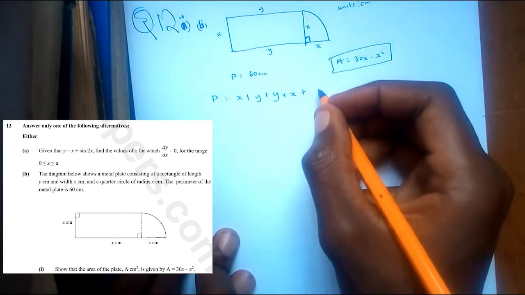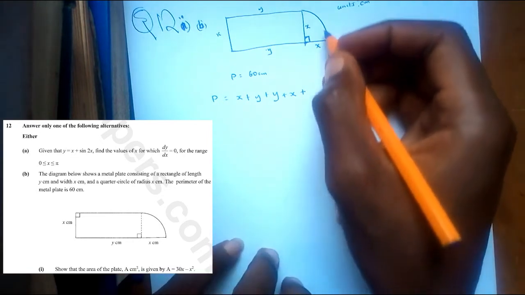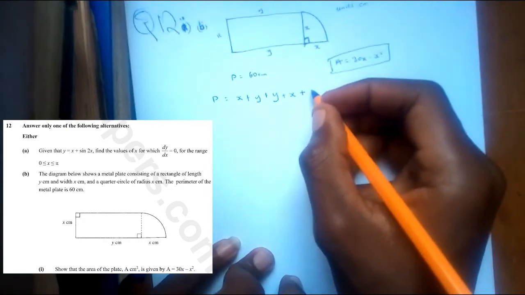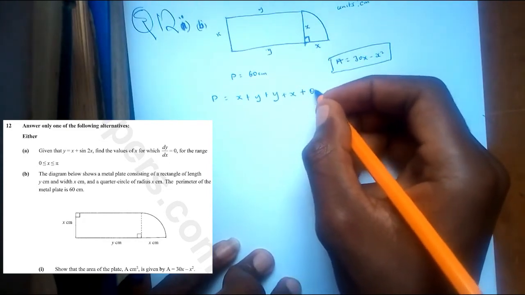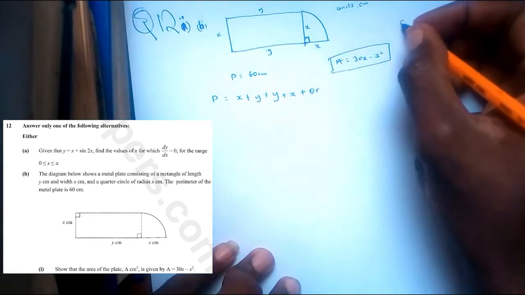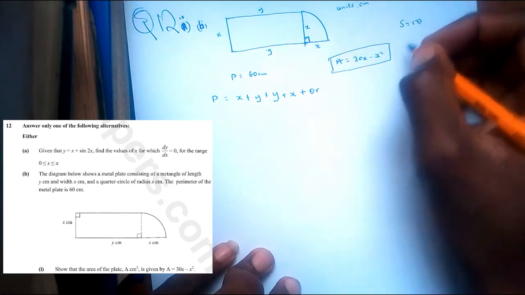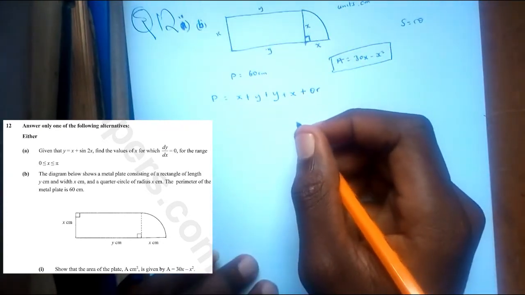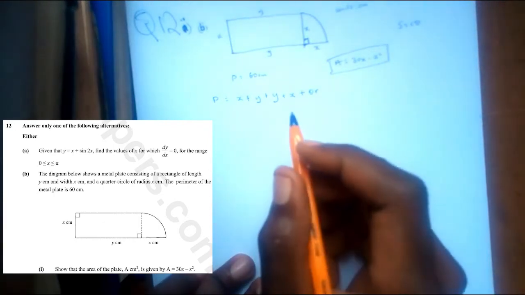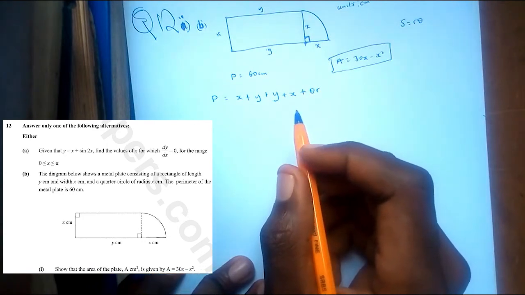And we know the length of a sector, the distance from here to here, will just be given by r theta, because the length of an arc of a sector is just r theta, from circular measure.